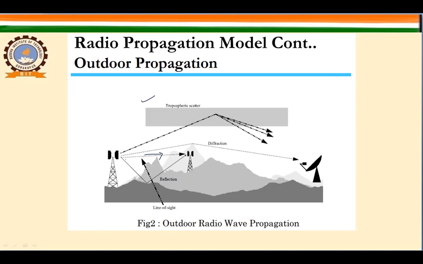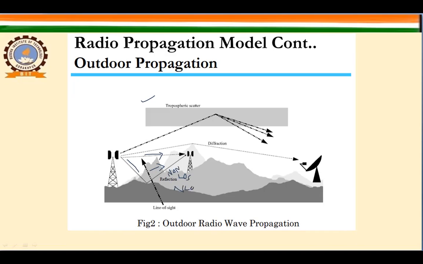When the waves are reflected and bounce like this, they are called reflected waves, and these waves are also known as non line of sight, NLOS in short form.